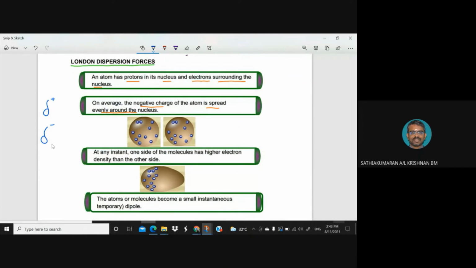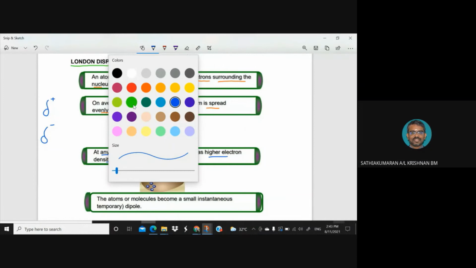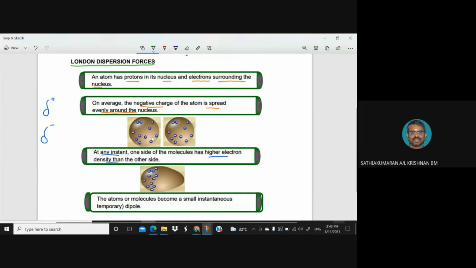How? Okay, at any instant, that means at any time, one side of the molecule has higher electron density than the other side. Just now I already informed you the electron is moving. Here also the electron is moving. So when the electron is moving, what happened? The electron can go up, down, left, right, anywhere. True or not?